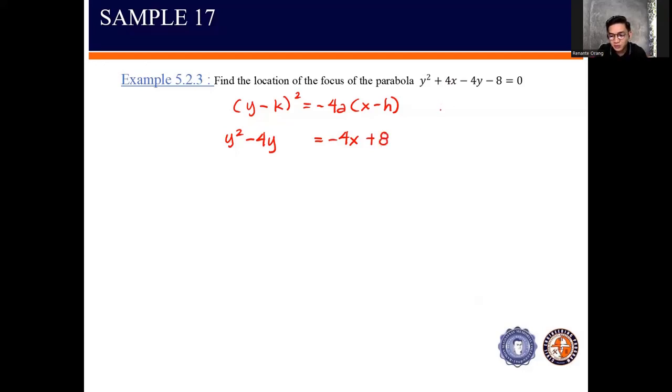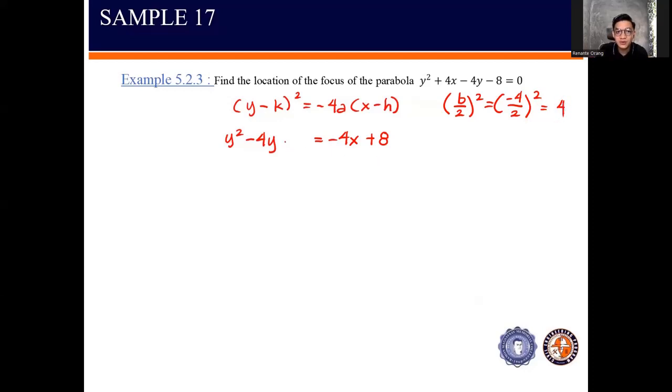Okay, next thing that we need to do is completing the square, diba? So, remind lang natin, completing the square is b over 2 squared. So, yung b natin dito, class, is negative 4 divided by 2, then square lang natin siya, which is negative 4 divided by 2 is negative 2, square mo siya, that is positive 4.